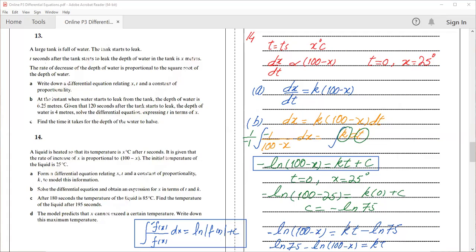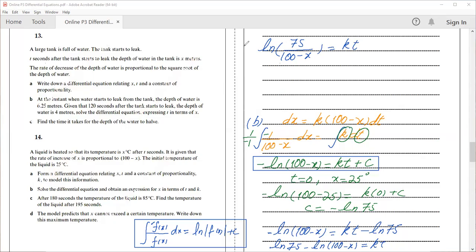What's the C part of the question? After 180 seconds, the temperature of the liquid is 85 degrees Celsius. I can simplify it over here. After erasing the things, I will get, by using the laws of logarithms, log natural of 75 divided by 100 minus x is equal to k times t.